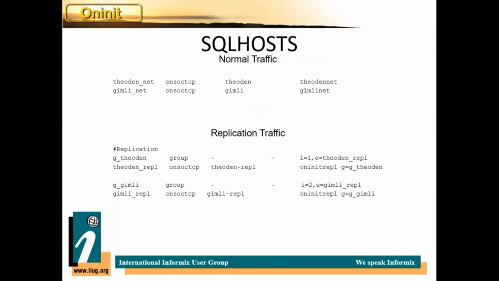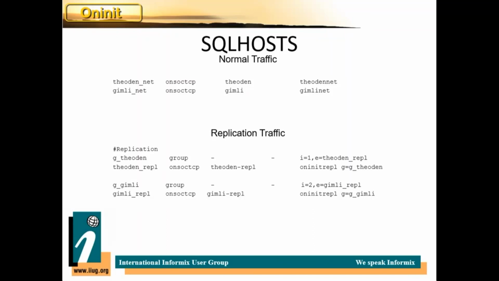In the example here, we've got two instances across the top, Theoden and Gimli, two separate servers running quite happily. And we have a dedicated different IP range replication network: Theoden REPL and Gimli REPL.